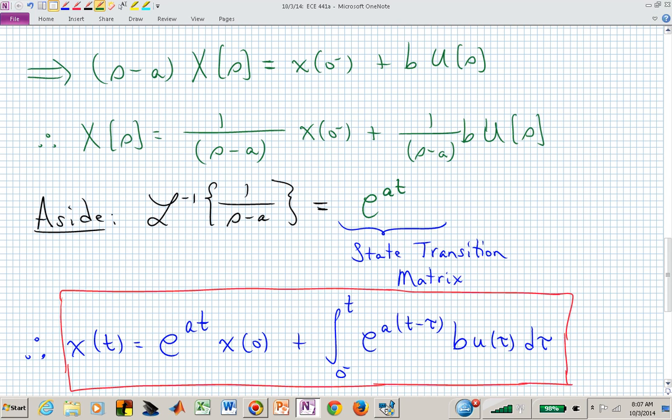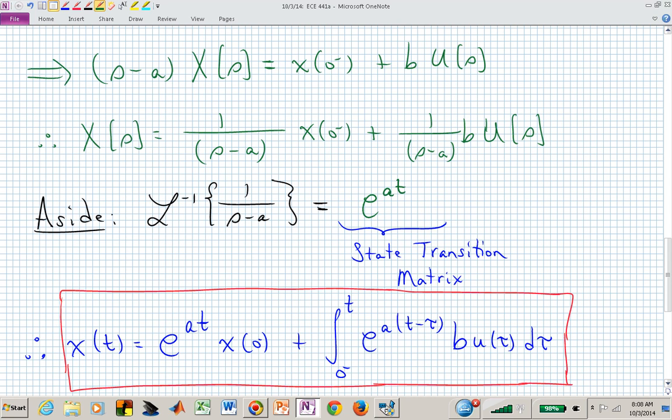We have the initial condition piece, and we have a piece due to the forcing function or the input waveform u of tau. And that's going to come into our system through the state transition matrix convolved with that time domain waveform. Meaning, if you have particular modes, and we'll talk about modes in your state transition matrix, those get influenced by the modes of your input signal.